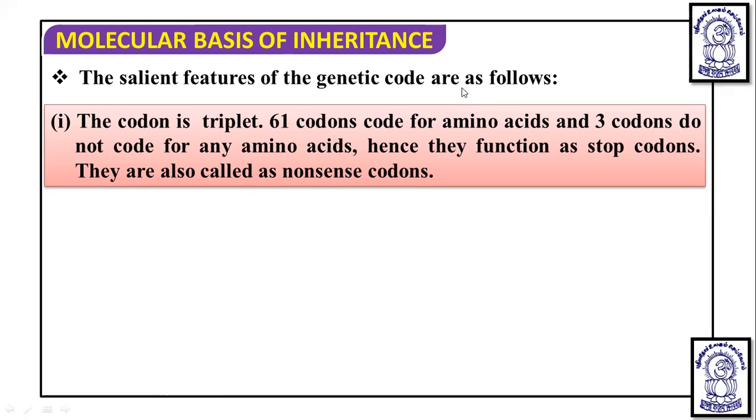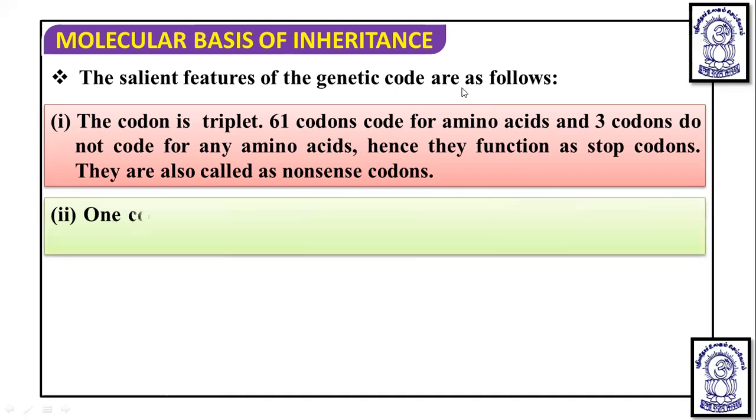They are stop codons, also called nonsense codons. When the ribosome encounters a stop codon while reading the mRNA, translation does not continue further and is terminated without adding an amino acid.